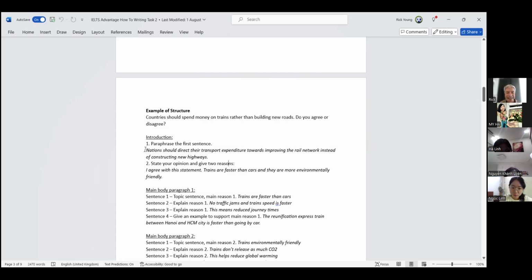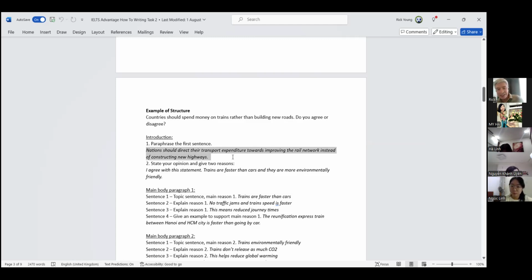Nations should direct their transport expenditure towards improving the rail network instead of constructing new highways. Okay, good reading. So this word here, everyone, expenditure, just means expense or money.